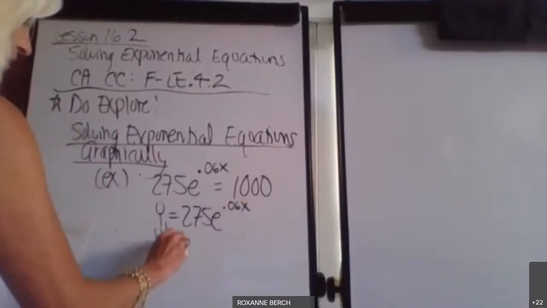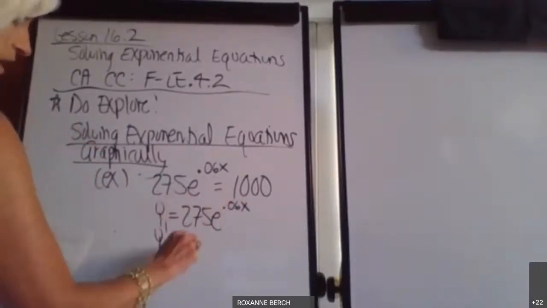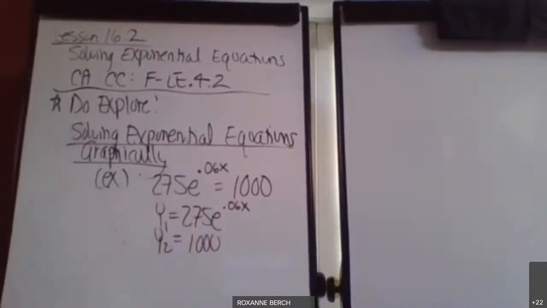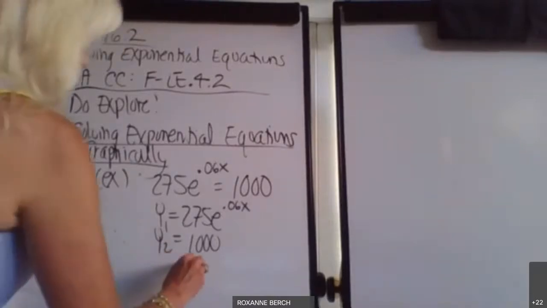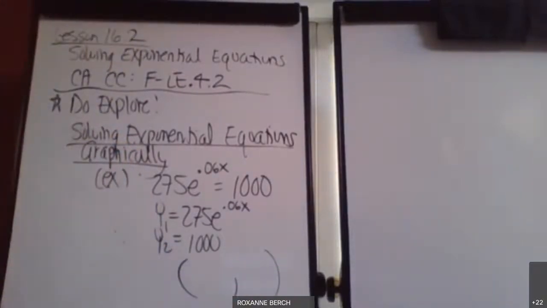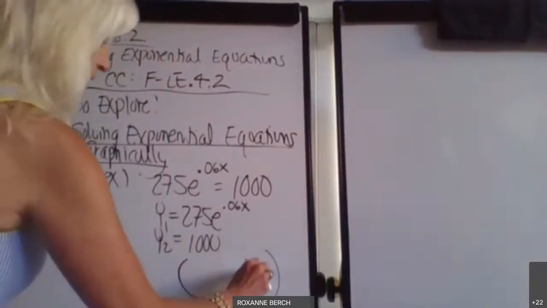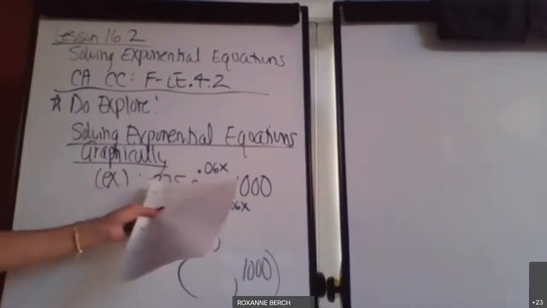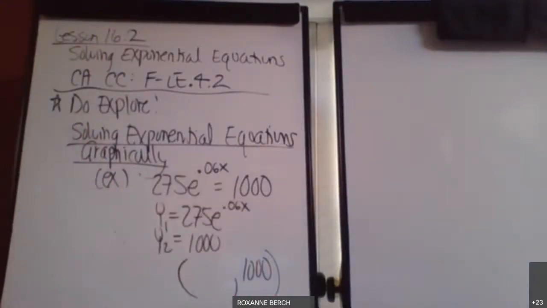And under y sub 2, you're going to put that horizontal line y equals 1000 and set up your window to capture a point of intersection. So once again, you're going to find a point of intersection by using the intersect feature. The x value is going to be the solution to this exponential equation.